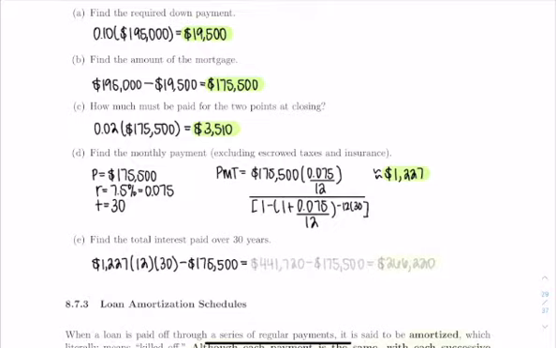So 1,227 times 12 times 30 is going to give me $441,720. And subtracting our $175,500, we get that we are paying $266,220 in interest. So we paid more in interest than our original mortgage.